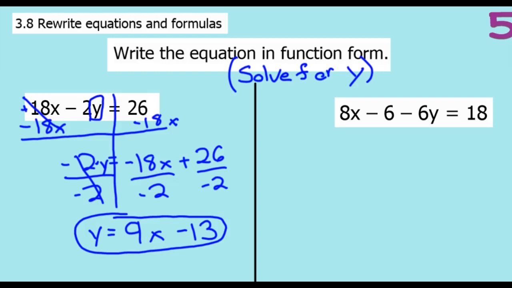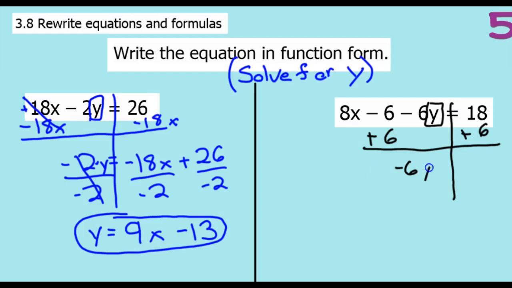On this problem, I'm trying to get y by itself. So I'm first going to move my constants over. So I have a minus 6. I'm actually going to do the opposite and add 6. So we have negative 6y and 8x equals 18 plus 6, which is 24.